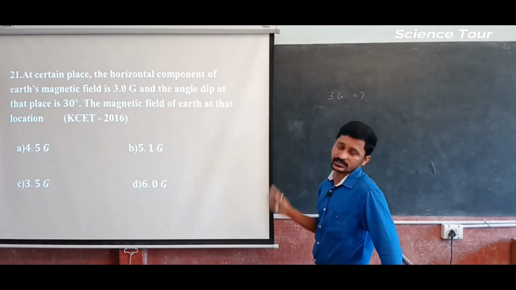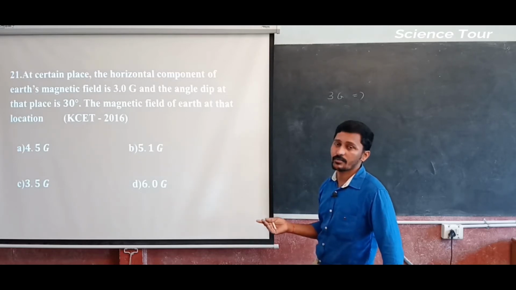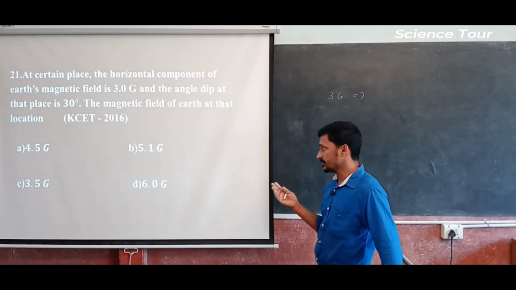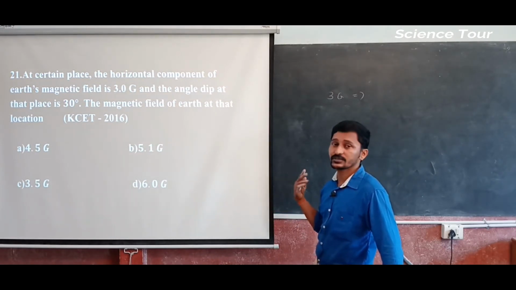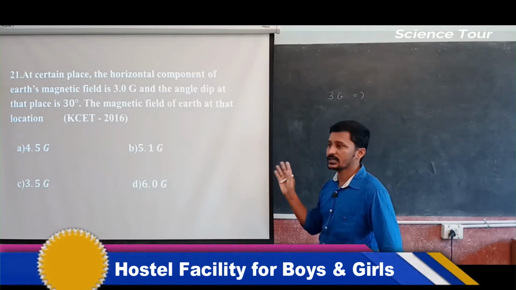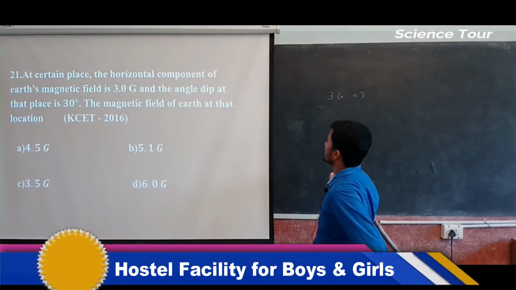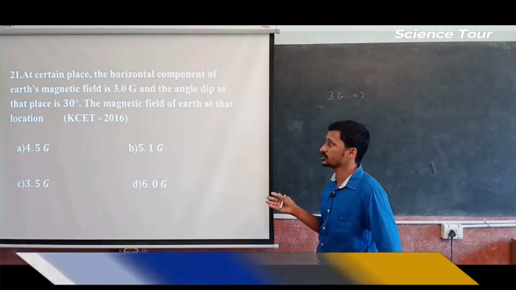So the data is in Gauss, no worries. But earlier in some of the problems, the answer was given in different units, that is in SI units, but the data was given in CGS units or other units. Then immediately you have to change. Now no need, no worries, you do not have to change into the Tesla.